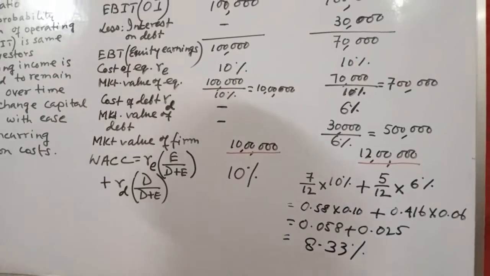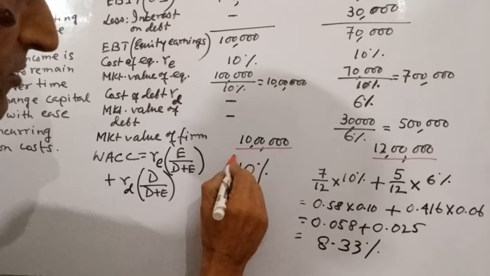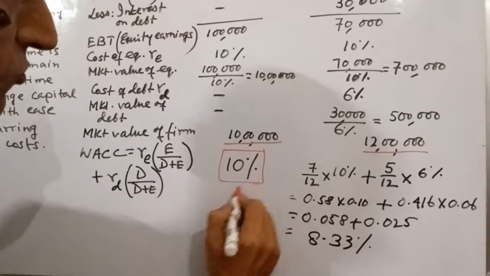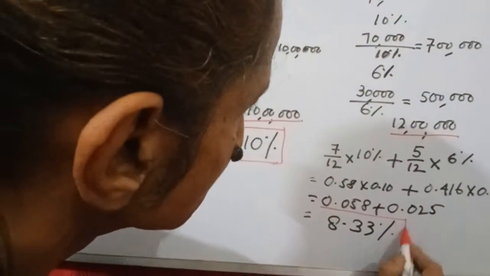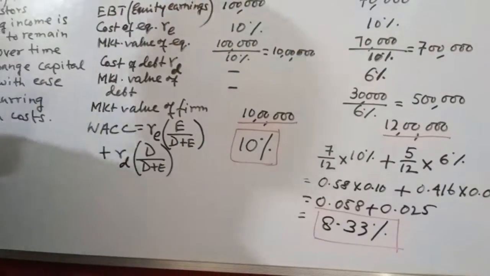Now comparing the weighted average cost of capital of these two firms, it is 10% and here it is 8.33%.